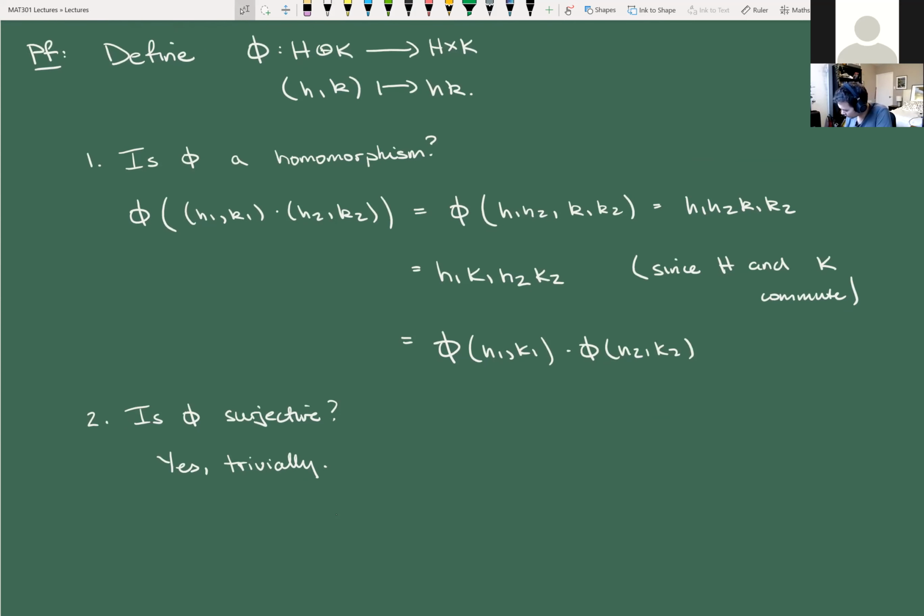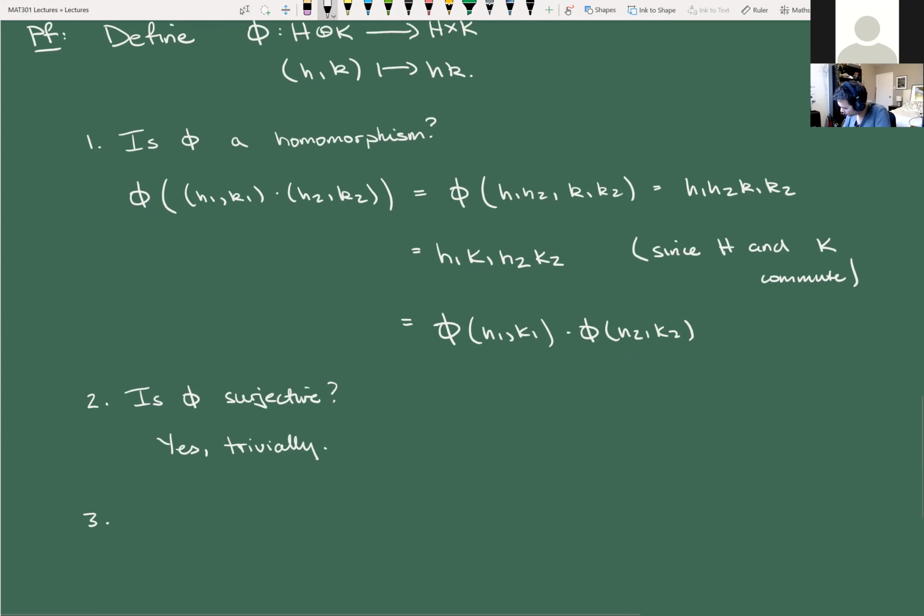And then finally, injectivity. We've already done that. Injectivity is precisely this uniqueness property. I'll write it out for you, but again, start thinking ahead of time. Is phi injective?